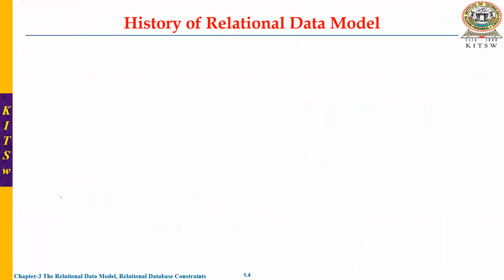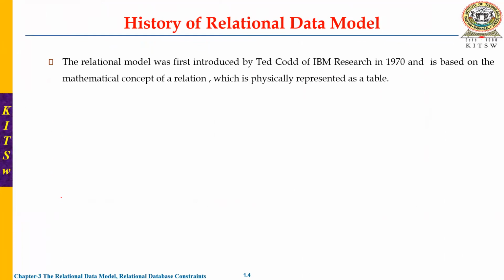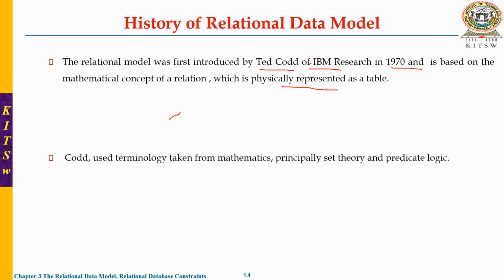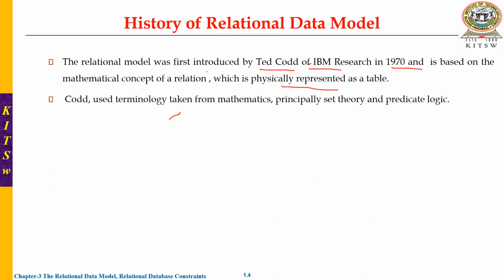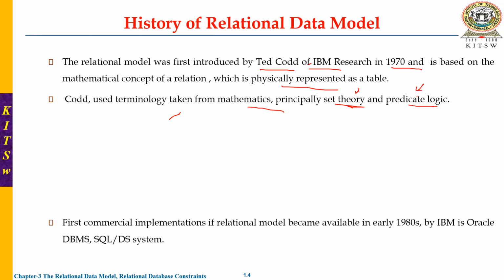Coming to the history of the relational data model. The relational model was introduced by Ted Codd at IBM Research in 1970 and is based on the mathematical concept of relation, which is physically represented as a table. Codd used terminology taken from mathematics, principally set theory and predicate logic, so we have these concepts in the relational model.